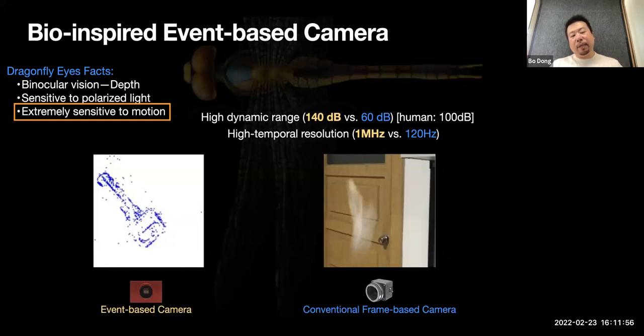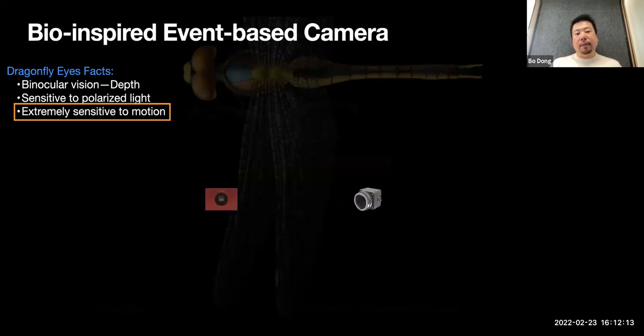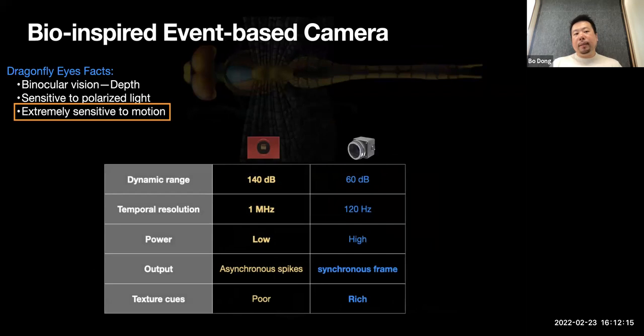But the event-based camera only senses the motion part, so the bandwidth is much lower compared to a high-speed conventional frame-based camera. That's why we can also leverage the event-based camera for dealing with fast motion, right?